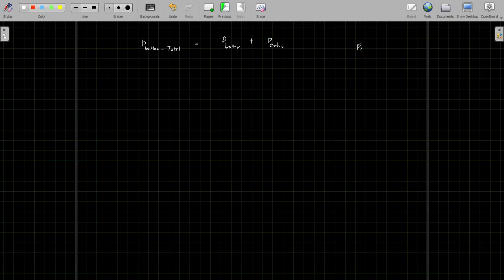So pressure extra will be nothing but force per unit area, that is pi into 0.04 whole square. So therefore we can write this value we have got. So this is what we need to get.